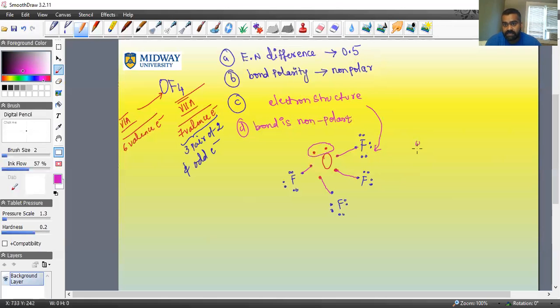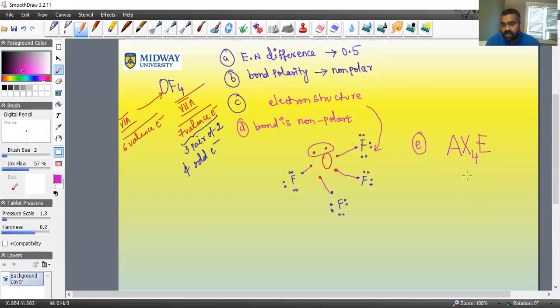E is the decrypted code. We have one A, one central atom. As I said, I don't think you will ever have a question anywhere on the test with more than one A, okay? Because I've not taught you that. And there are 4 fluorines, so AX4. There's 1 lone pair, so it's E, right?